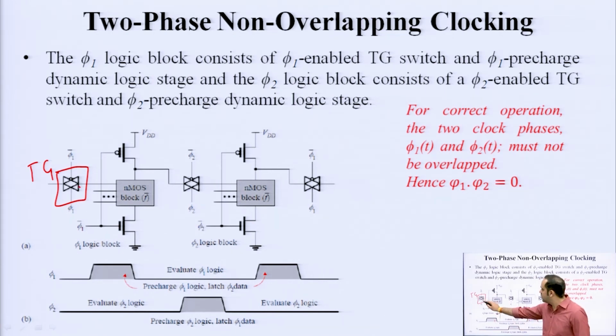NMOS works on clock, PMOS works on clock complementary. If clock is 1, this works, in that case this goes to 0. So, this also works. When clock is 0, this is off and this is also off. So, this is like a switch 0 or 1. When clock is 0, NMOS is off and PMOS is also off, because it is working on complementary clock, right.